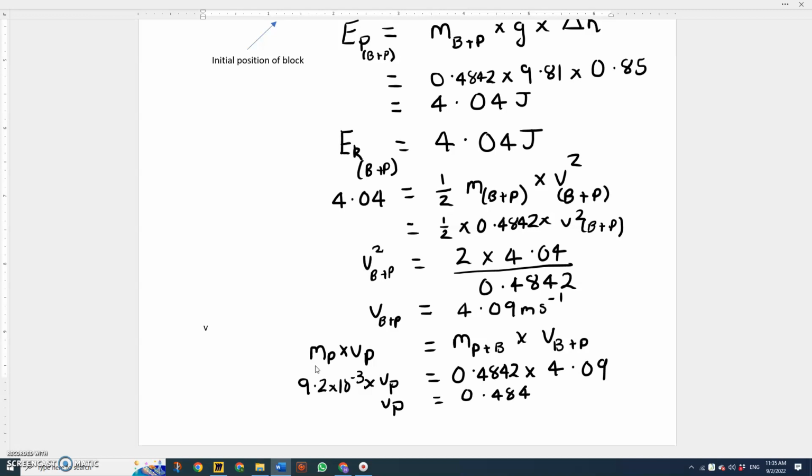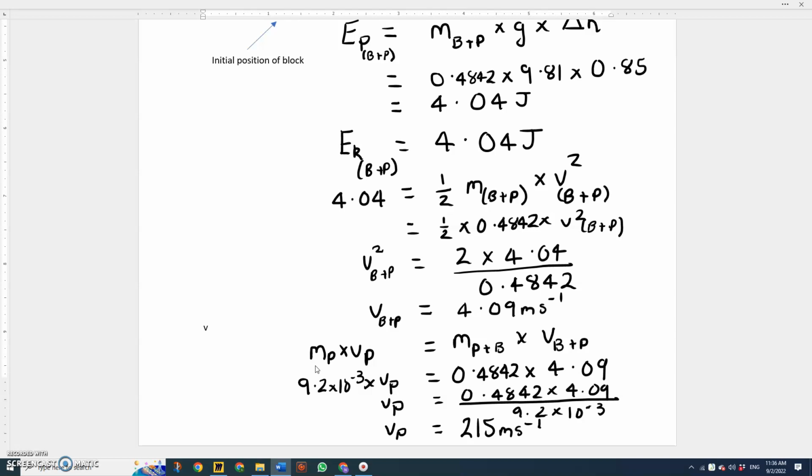So just rearranging, and if we calculate that, that gives us an answer of 215 meters per second.